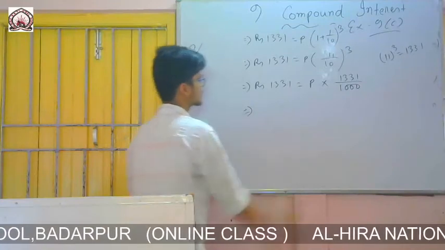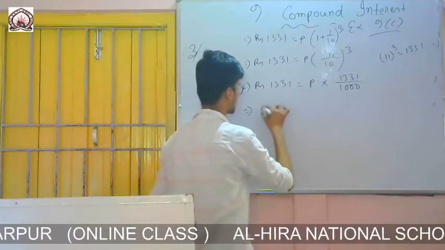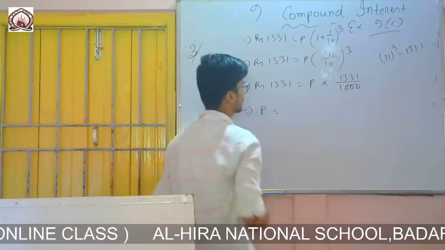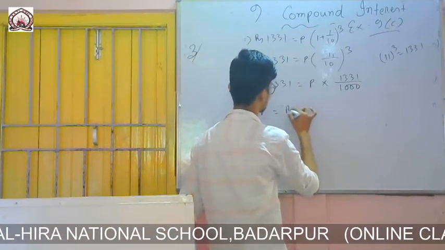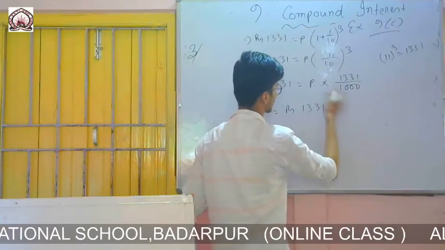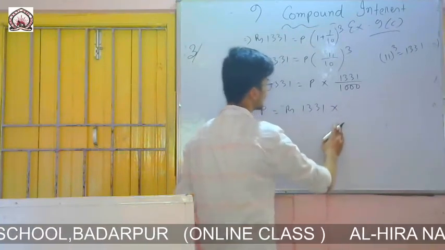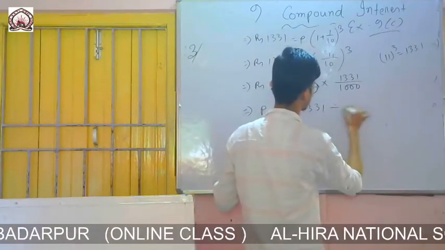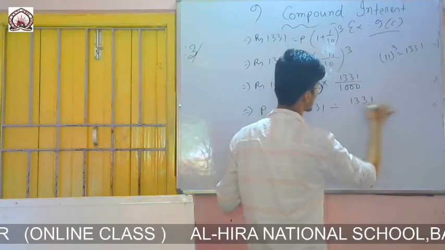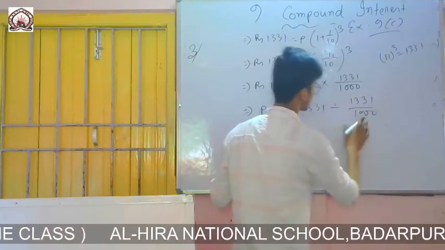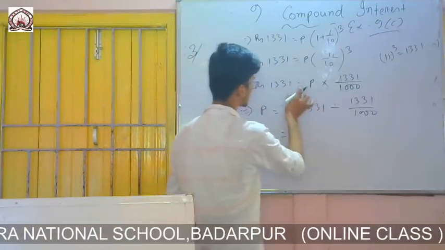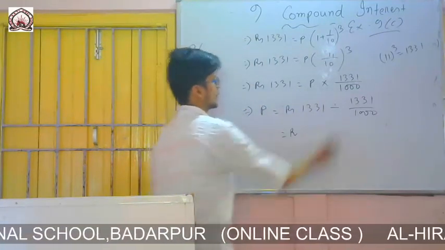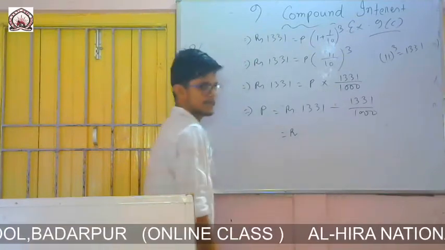So now I'll change the side. If I change the side directly, I am doing it here now. P will be here, and if I transpose this one it will be rupees 1331, but if this one comes to that side you may get confused, so I am writing one line more. If there is divide and I change the side, it becomes multiply, and if I change the side of multiply it will be divide.